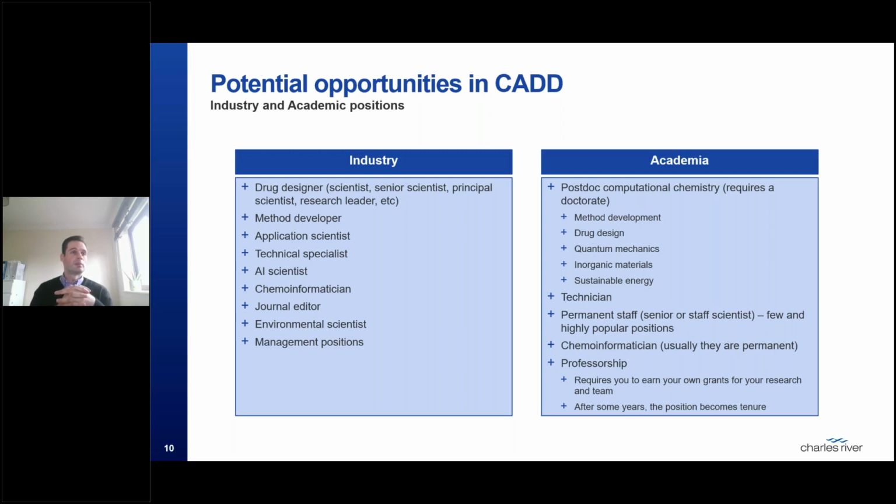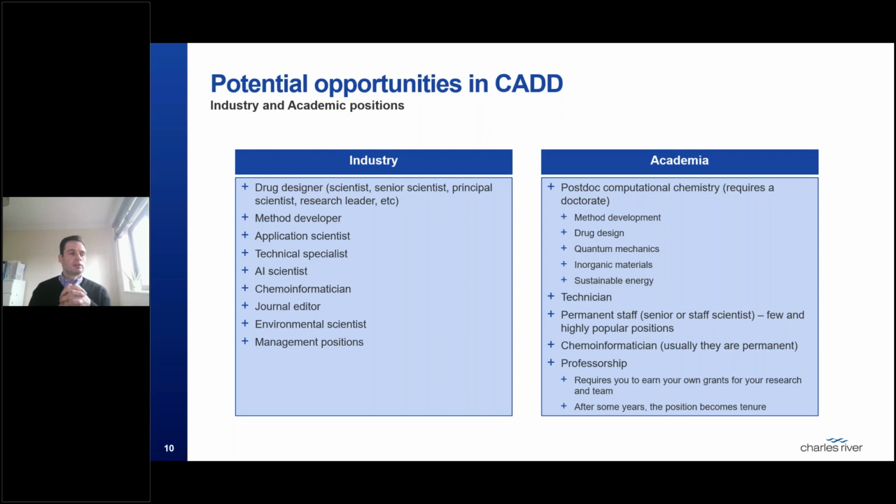We have the method developers, focusing on developing computational approaches, methods, and tools. We have application scientists, who work for companies that sell platforms and software to their clients, and are there to support with anything scientifically they require.